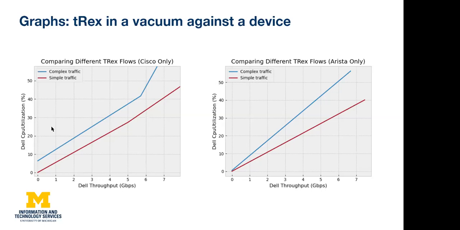And we can see that the Cisco device, on initialization, was having a more difficult time handling the complex traffic compared to the Arista. And especially towards the end of the test, we notice a difference in how the CPU utilization is relating to the client throughput on the device. And yet again, another open question, and there could be a lot of variables interacting in this situation.